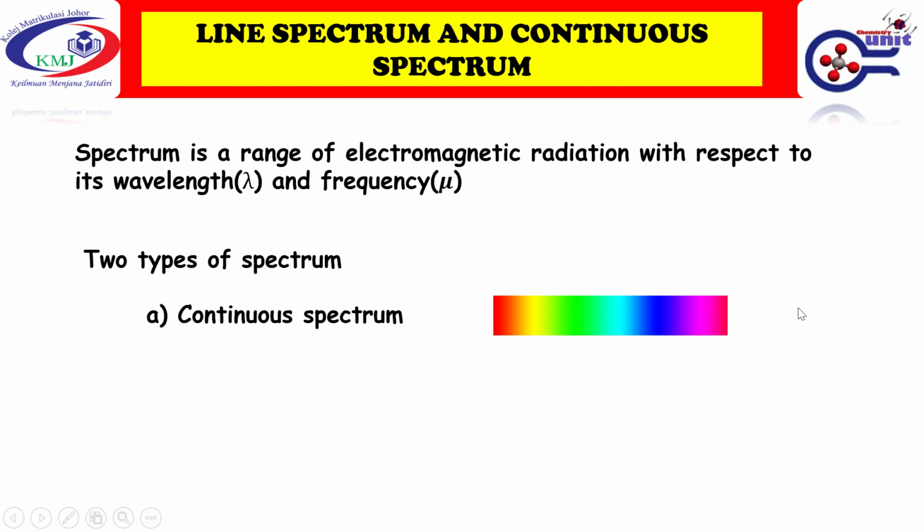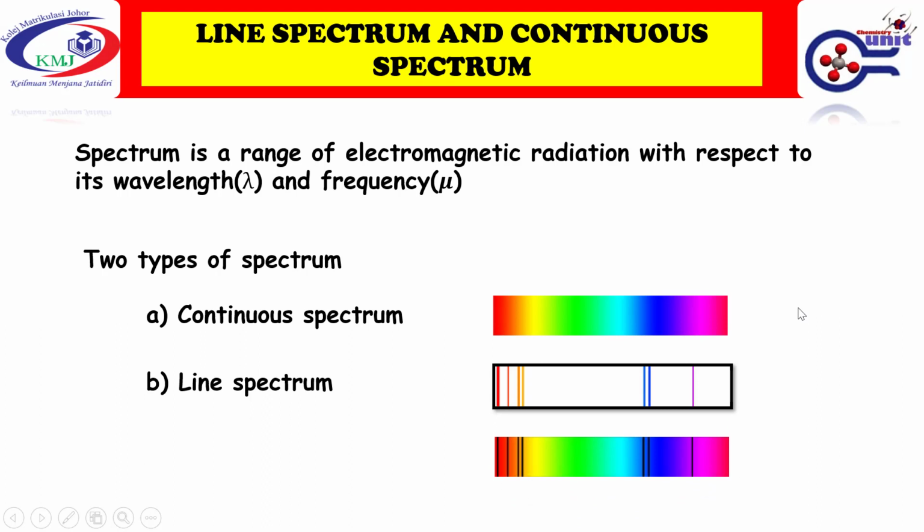The second type of spectrum is line spectrum. So this is the illustration or the example of the line spectrum. There are two line spectra, which are absorption spectrum and emission spectrum. Guys, you will understand more when you watch this video.